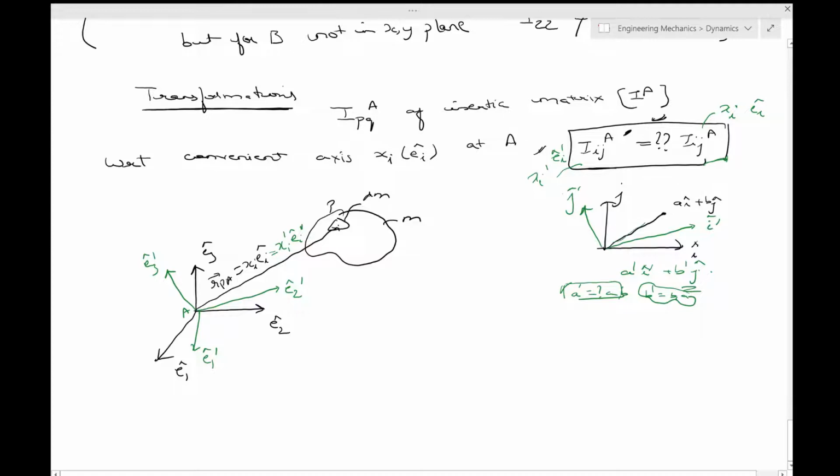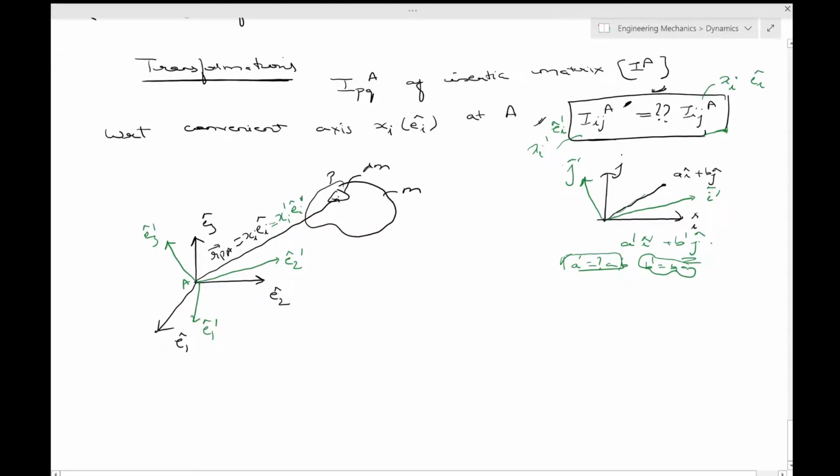Now what I want to do is write this vector e1 dash, e2 dash and e3 dash in terms of e1, e2 and e3.